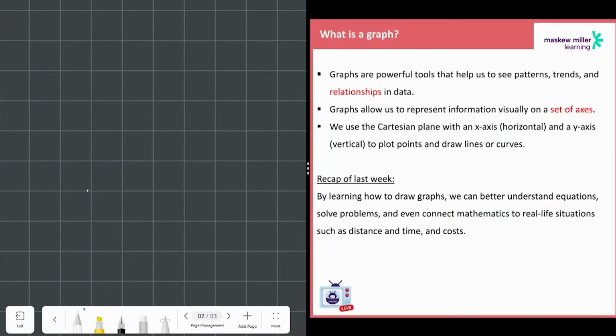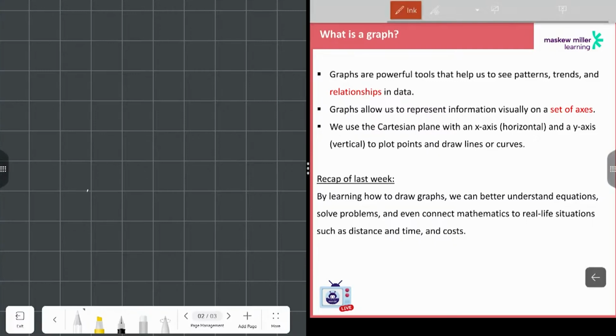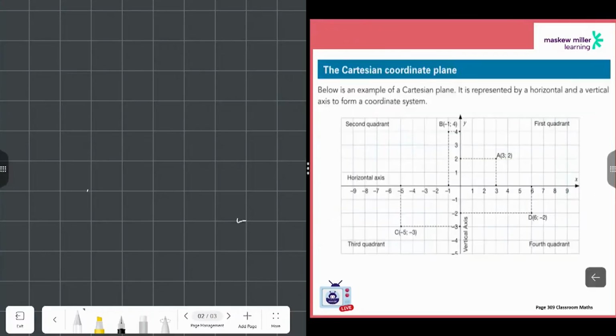We use the Cartesian plane, so a big part of today's lesson will be focused on the Cartesian plane, and we just said before this now in the objectives, we're going to focus on what we call the x-axis and the y-axis. Right, and from there we're going to draw lines or curves. And just the recap of last week, by learning how to draw graphs, we can better understand equations, we can solve problems, and we can connect mathematics to the real world out there, okay?